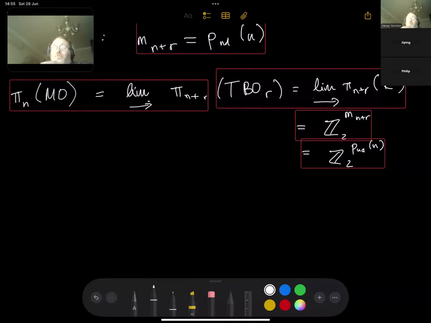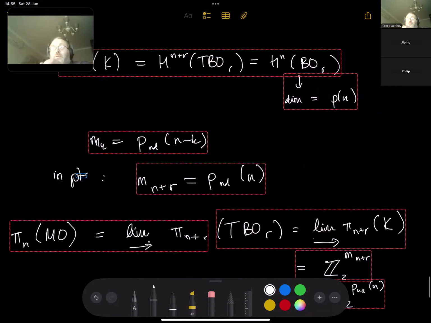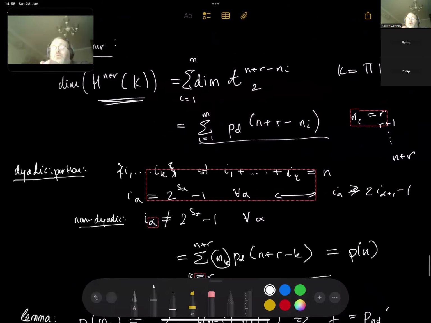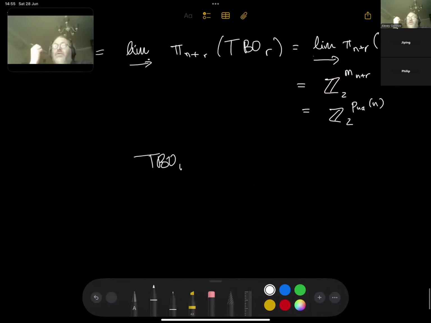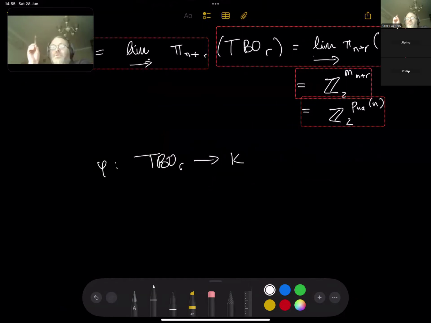We have a map K of R goes to TBO R. Phi. So there's a map like this, and K depends on R. Then we have this map on the level of spaces.